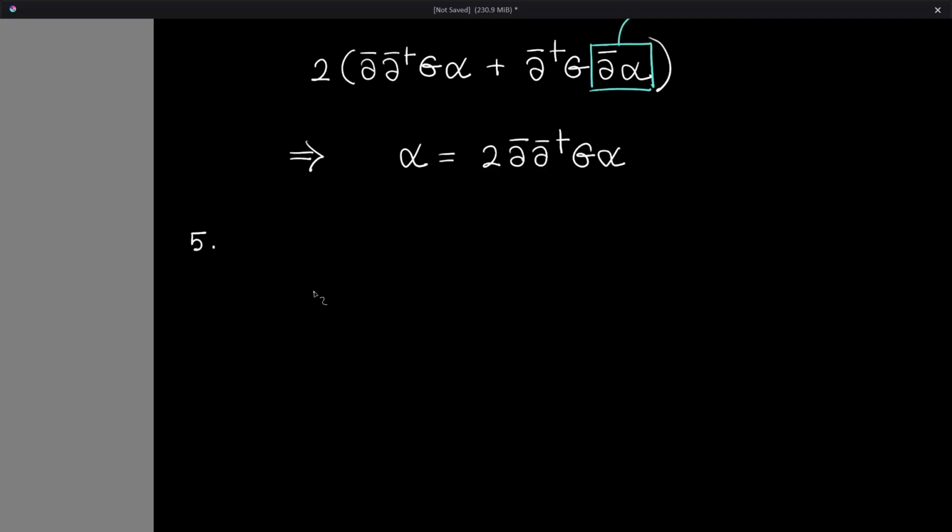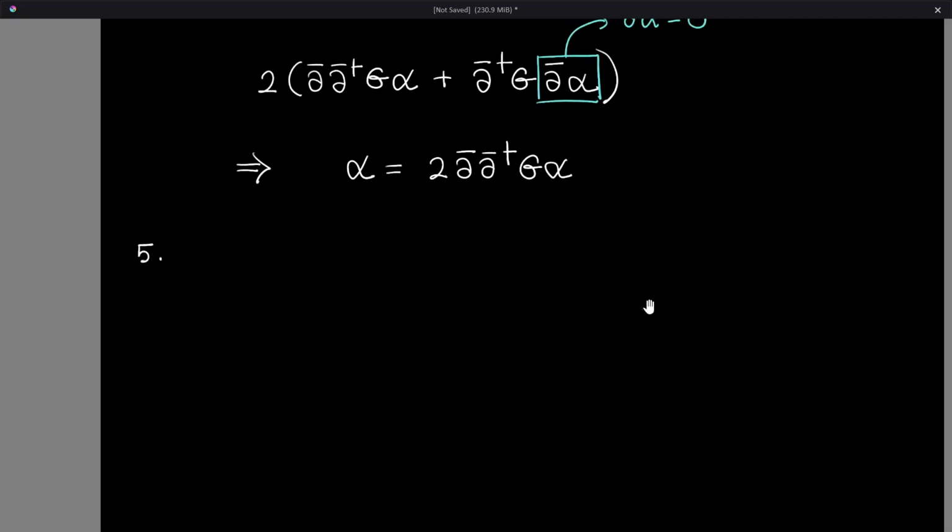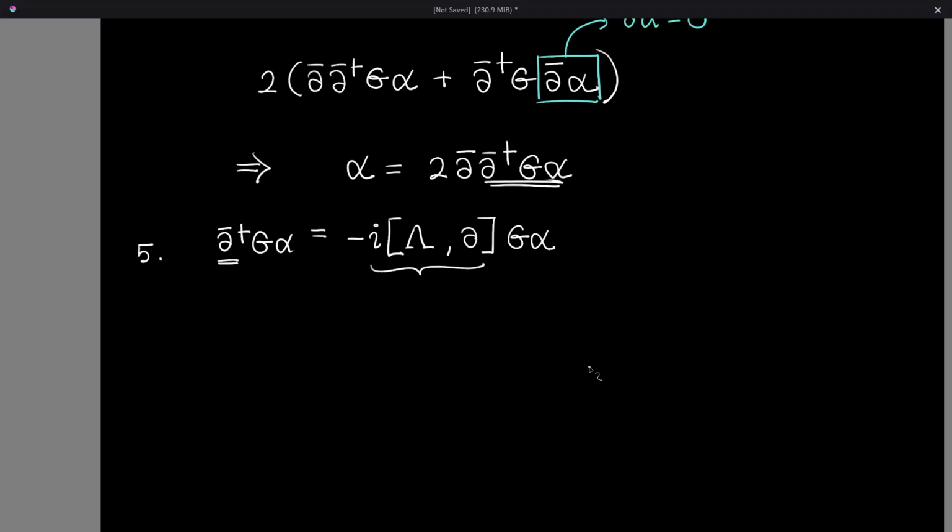Step 5 will be to use the Kähler identities to show that partial bar dagger of G alpha, which is this part over here, is equal to minus i lambda partial G alpha. Now we're using the adjoints, right? Because we're using the first Kähler identity, so that gave us the commutation relation. We're just substituting back in the commutation relation.